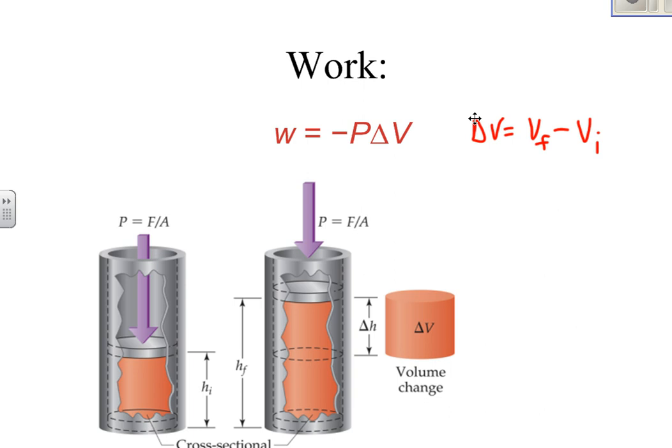This is why we have the negative sign in place here, because if the system does work on the surroundings, then the work part of the equation, delta E equals Q plus W, that W part needs to be negative if the system is expanding against the constant pressure of the surroundings.